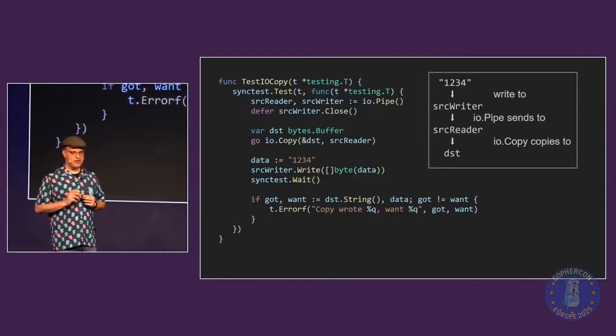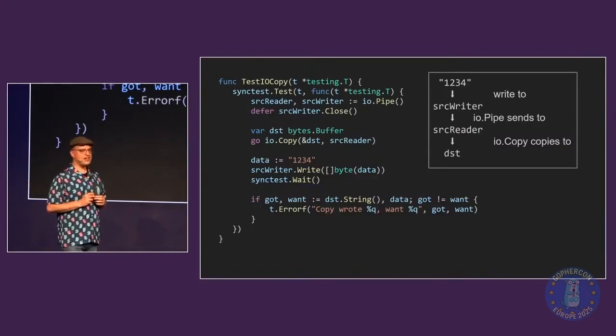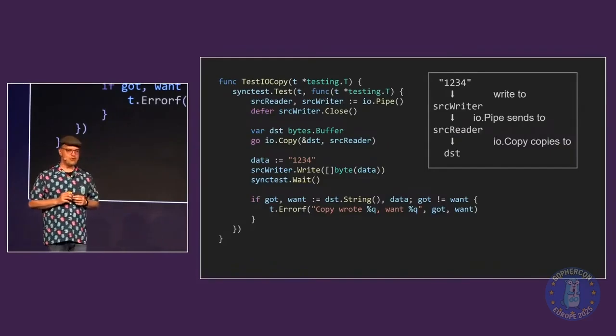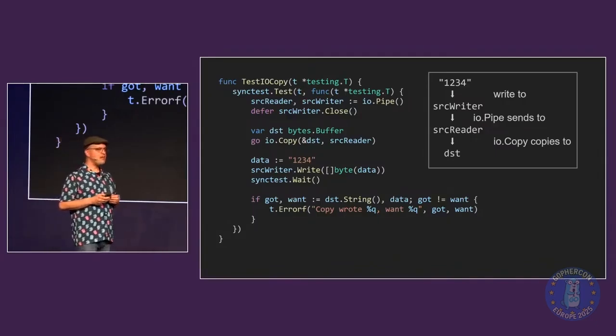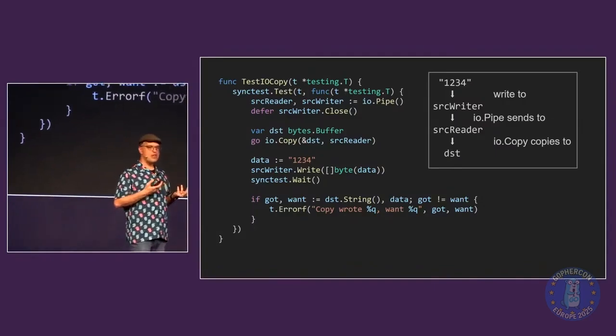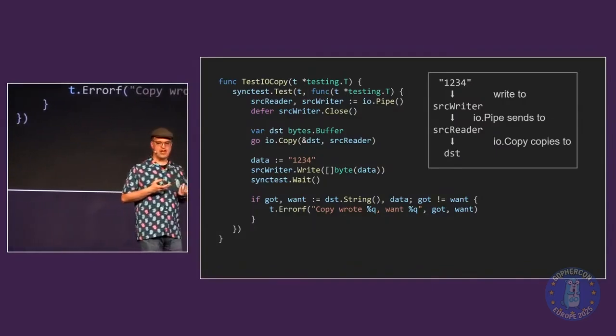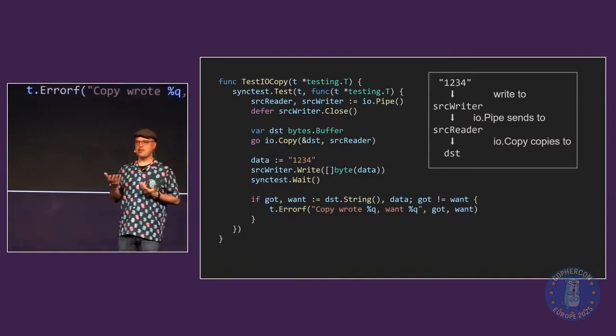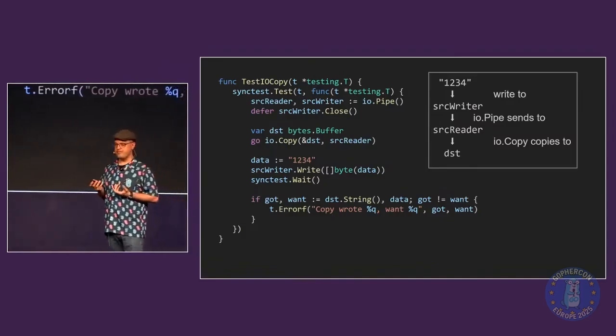Taking advantage of the synchronization provided by Wait can allow us to write simpler tests with less explicit synchronization. For example, let us consider this test of io.Copy. io.Copy copies data from a reader to a writer. You might not immediately think of this as being a concurrent function, since it blocks until the copy has completed.